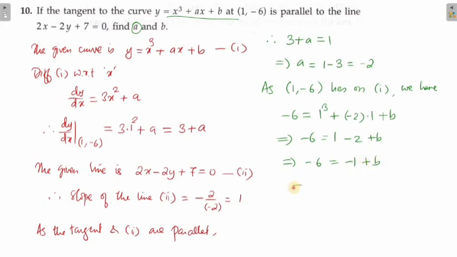So from here b turns out to be minus 6, bring it out here, you get plus 1, equals minus 5. So therefore the value of a is minus 2 and the value of b is minus 5. So these are your answer for this particular question. Okay, so pause the video and note down the solution.